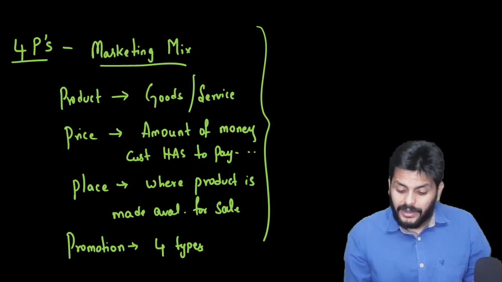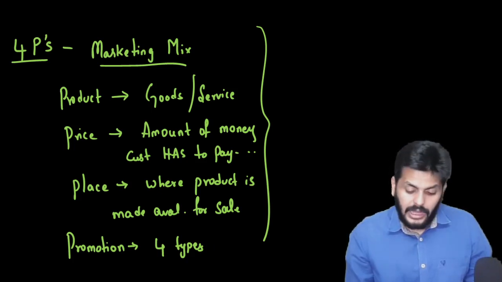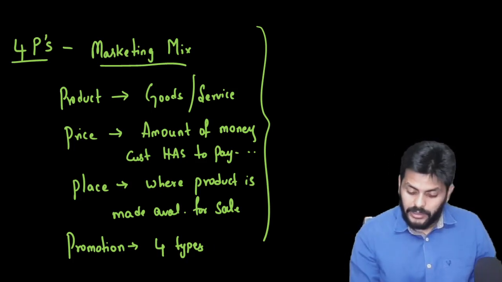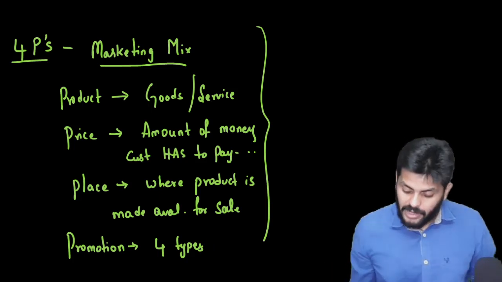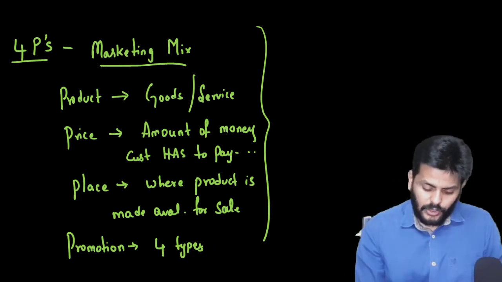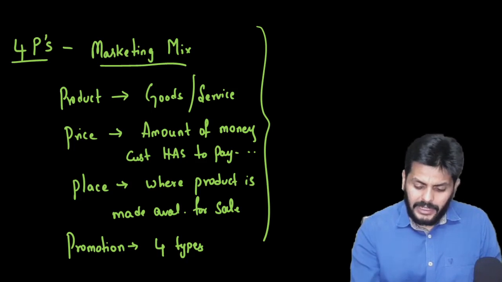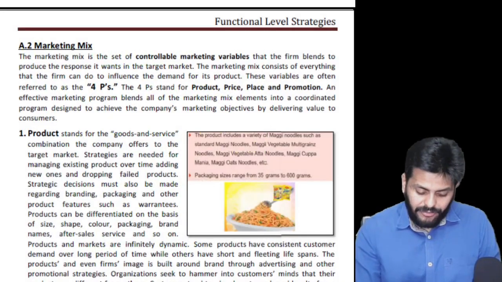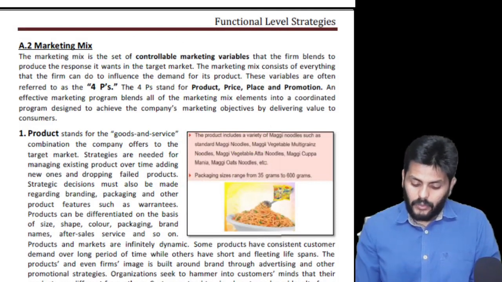So let's start by discussing what these four P's are and how they are helpful in bringing the right marketing mix. So going by that, the marketing mix is a set of, underline, controllable marketing variables.